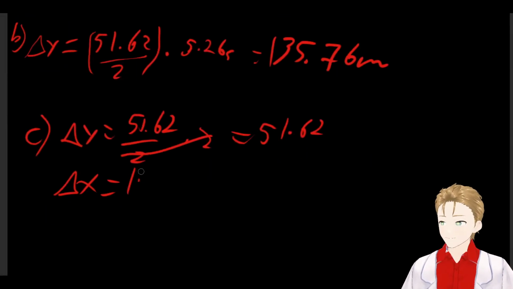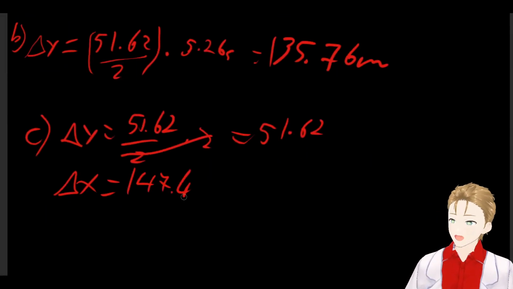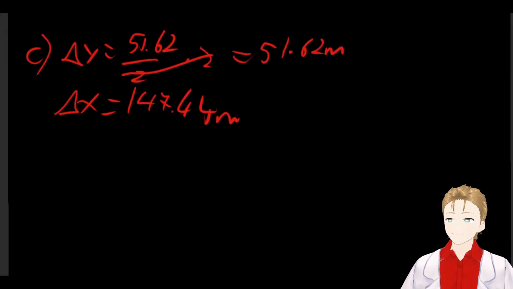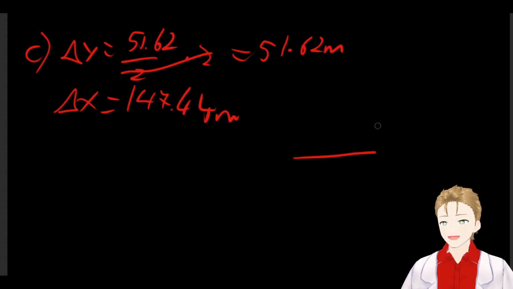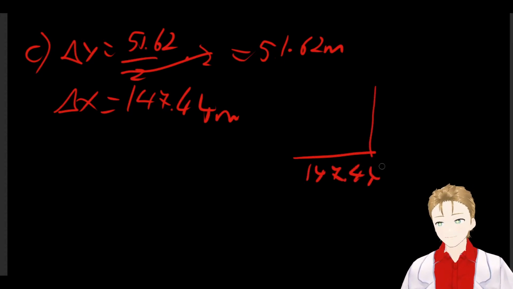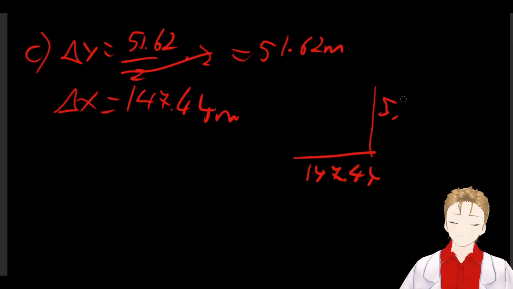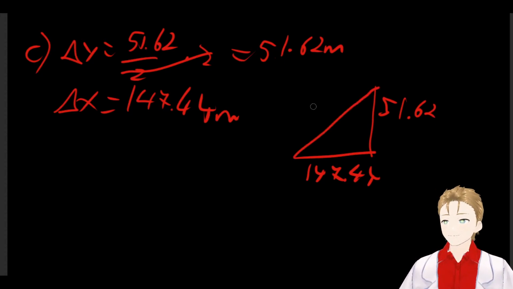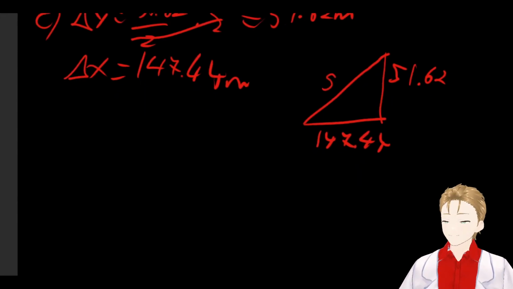147.44 meters. Okay, so we know that our triangle is looking like this already. 147.44, 51.62, and then there's something here, which is the distance.